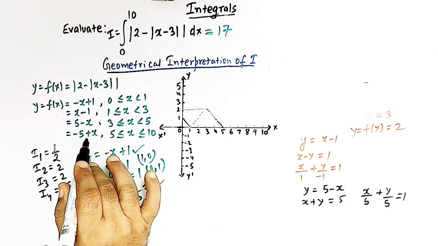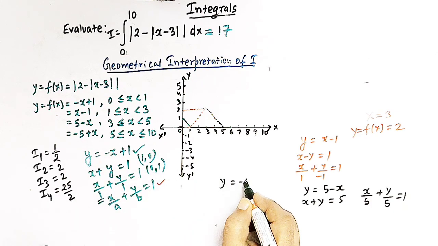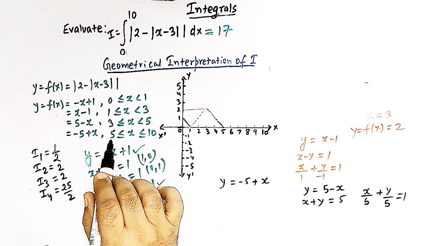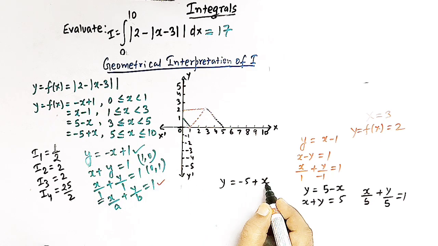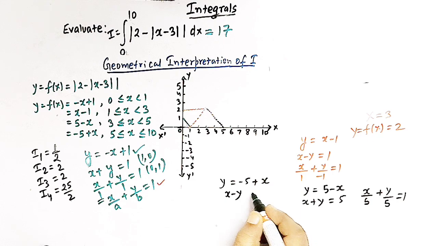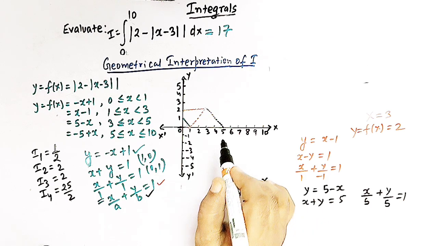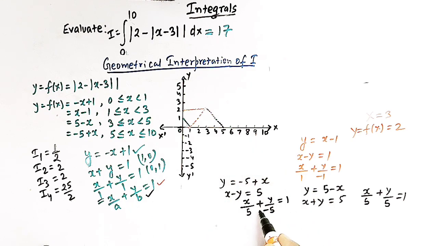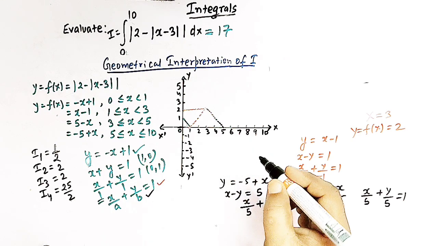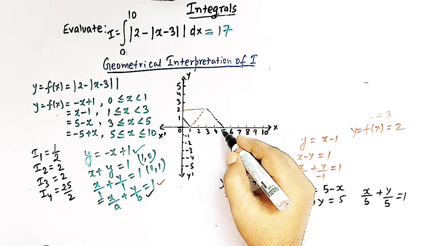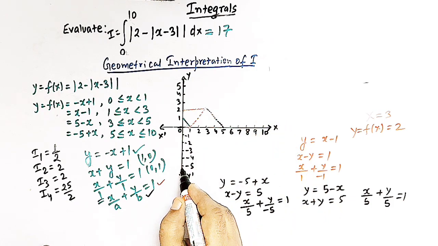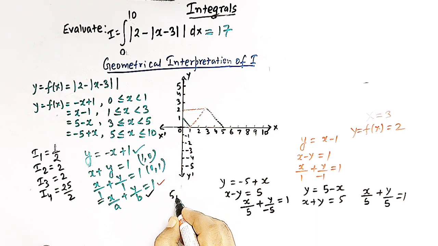Now come to this line. Here we have y is equal to minus 5 plus x, and the interval is from 5 to 10. So we can write this line as x minus y is equal to 5. This can be written as x over 5 plus y over minus 5 is equal to 1, that is in this form. So when we draw this line, then this line passes through 5 comma 0 and 0 comma minus 5.